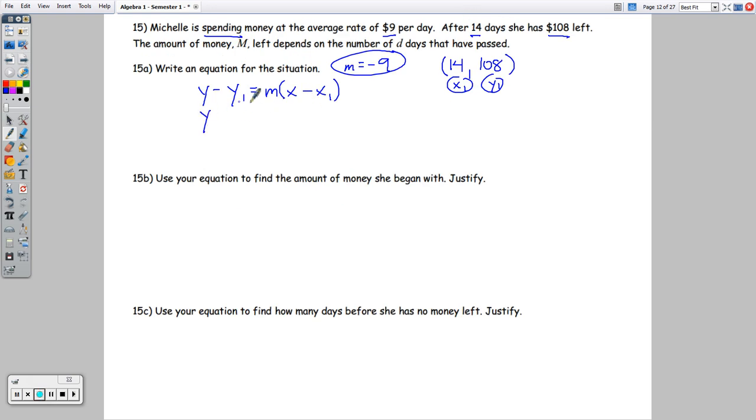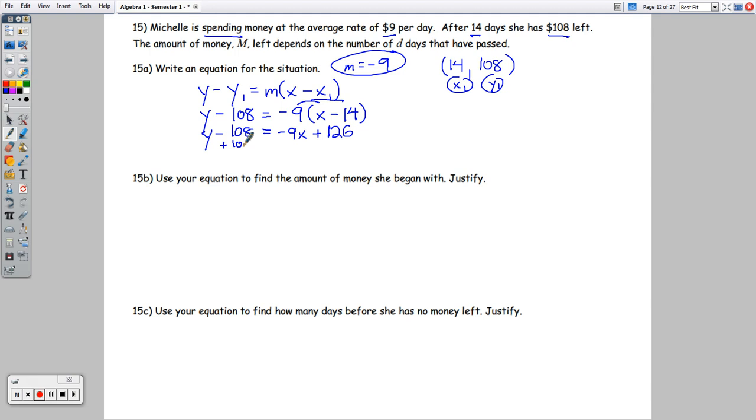But now we're starting here. This is going to be Y minus, starting at 14 days, $108. So Y minus 108 would be -9 times X minus 14. And then let's work this out from there. Distribute the -9 through. You have -9x. This would become negative times a negative, positive, and that would be 126 right there.